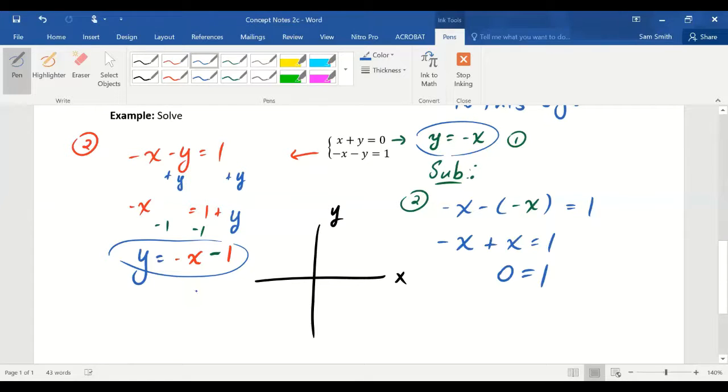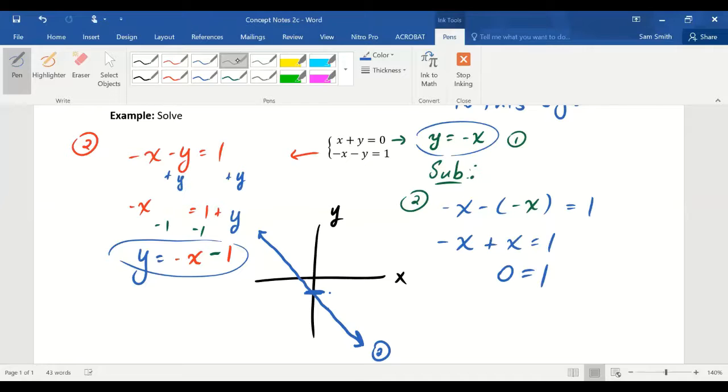Our b value is negative 1, and that represents the y-intercept. Because this x has a coefficient of negative 1, every time x increases by 1 unit, the graph decreases in height by 1 unit. We have a slope of negative 1. So here is a graph of the second equation.